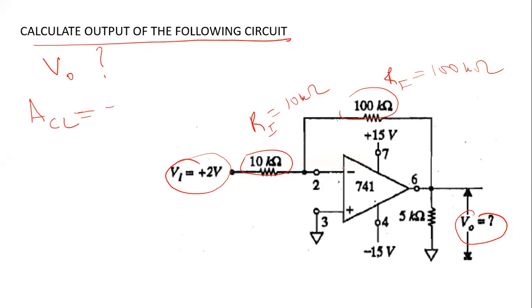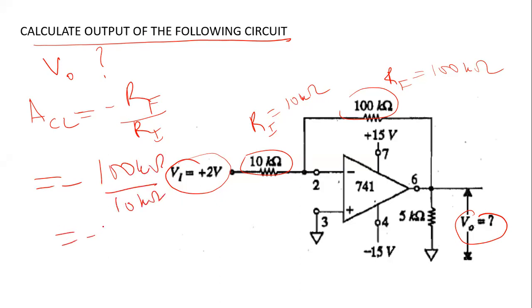So your closed loop gain with this inverting configuration is minus of RF upon RI. So simply here you find the closed loop gain in this circuit. This is 100 kilo ohm upon 10 kilo ohm. So your gain will be minus of 10. Now your input voltage is plus of 2 volt.